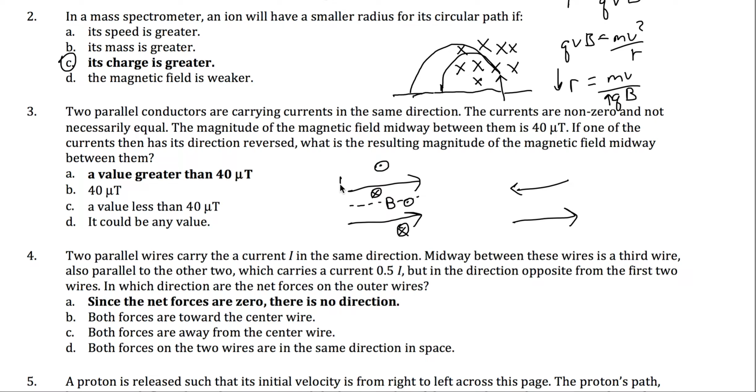The field due to wire 1 is going into the page. The field due to wire 2 is going out of the page. So that means that they're partly canceling each other out. When they partly cancel each other out, the resulting field is 40.